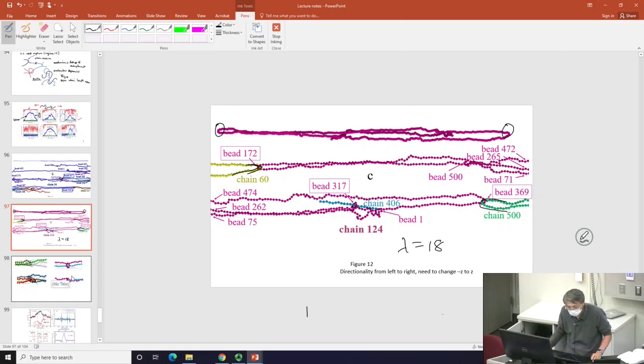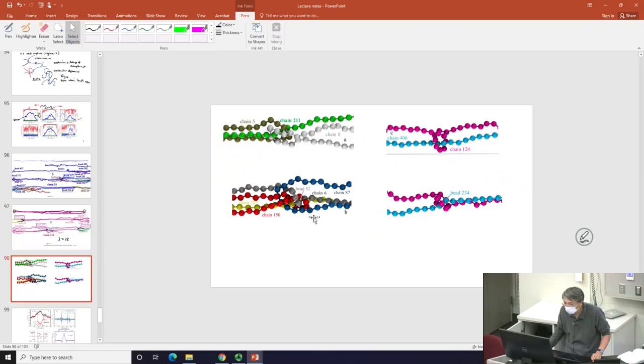To answer that, you can at least see some complications of how chains interact. So you may not call this a knot, but you can see how complex they are interacting. This silver chain is doing this. This dark one, which looks like a dark yellow or dark green on your color, is doing that.